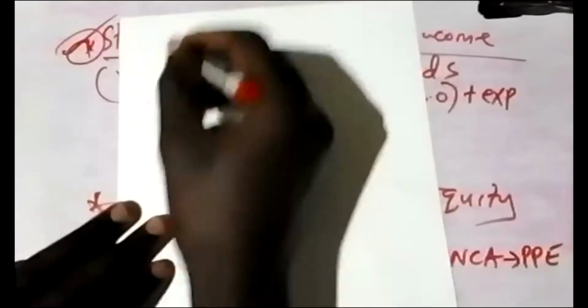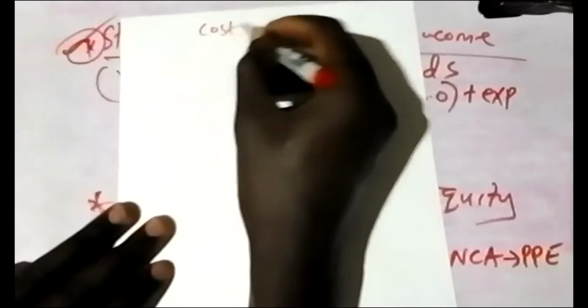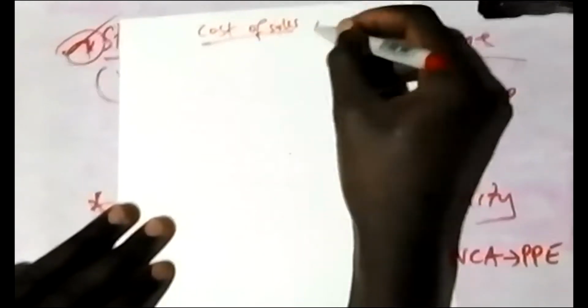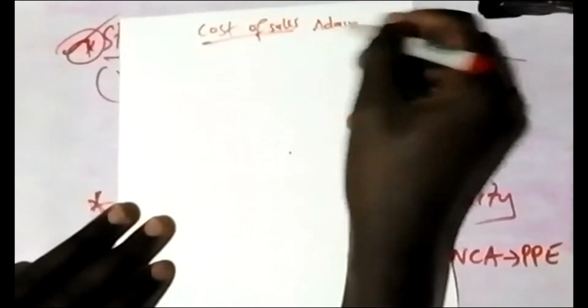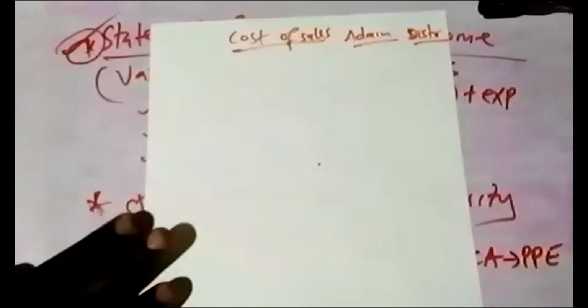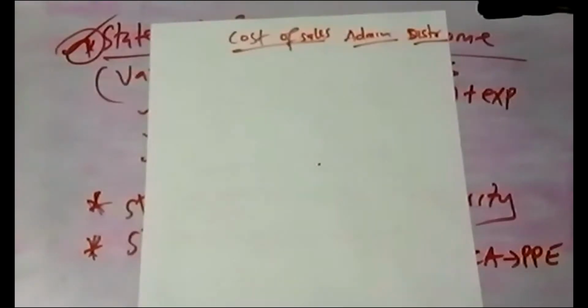On the continuation here, remember we have cost of sales, admin, and distribution. After that, note 7 is done, subtracting the 3 that was included under administrative expenses.